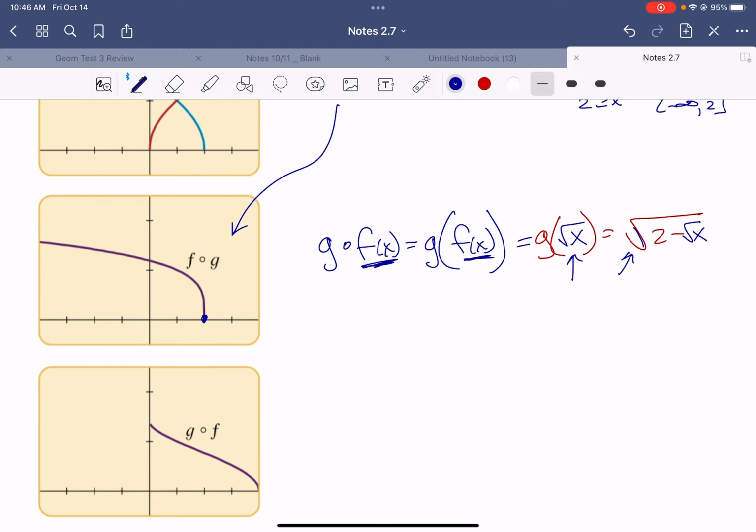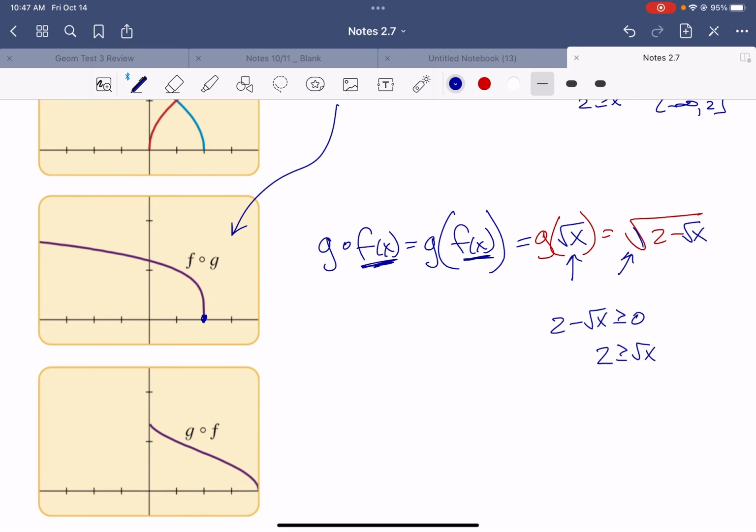But if we're thinking about domain, I need 2 minus the square root of x to be greater than or equal to 0. That means I need to know where the square root of x is less than or equal to 2. Those are the only inputs you're allowed to put in.